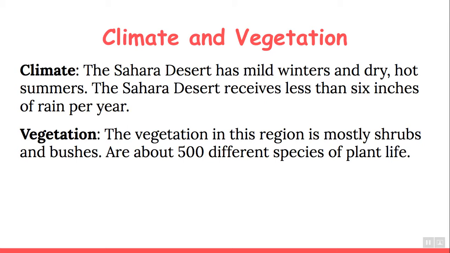The vegetation in this region is mostly shrubs and bushes, and there are about 500 different species of plant life, which is really interesting because there's hardly any water or any rain. So it's really interesting to note that there is a lot of plant life here, but they are well adapted to the very little rain. There are cacti and shrubs, and they require very little rain.